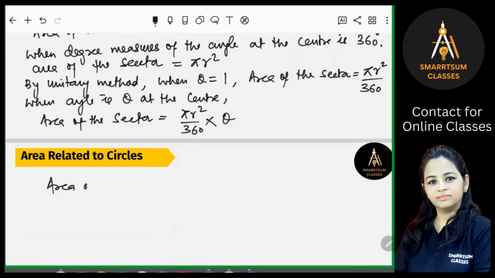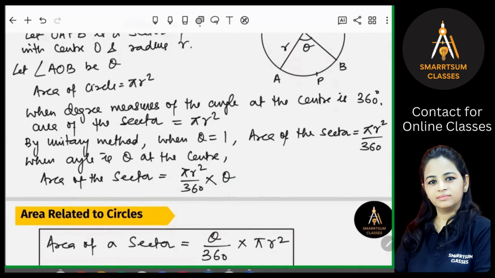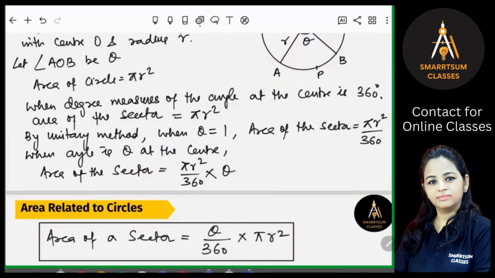area of a sector is equal to, you can take theta here and pi r square this side, theta upon 360 into pi r square. And this is how we get this formula, which is the area of the sector. Is that clear? So please write down.